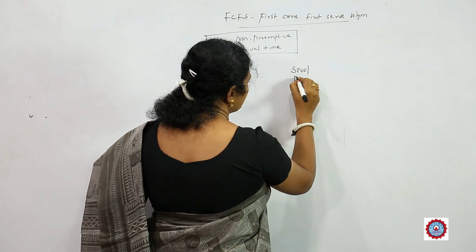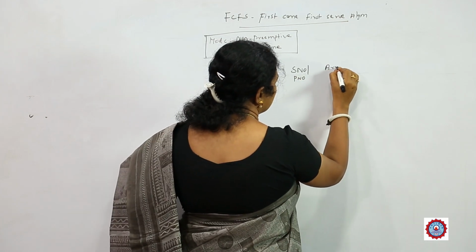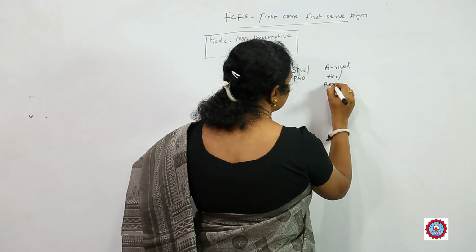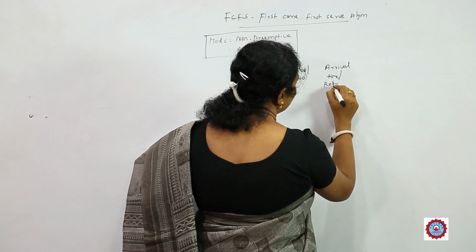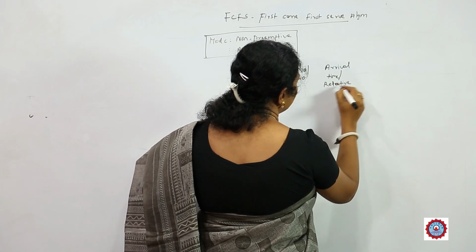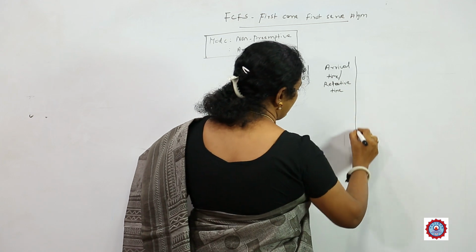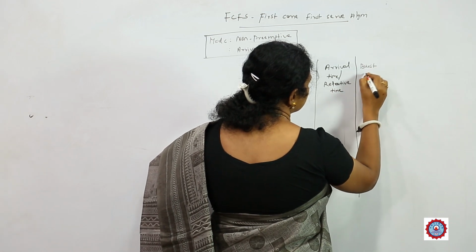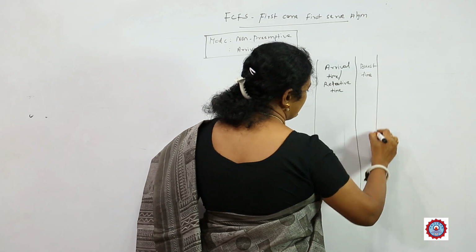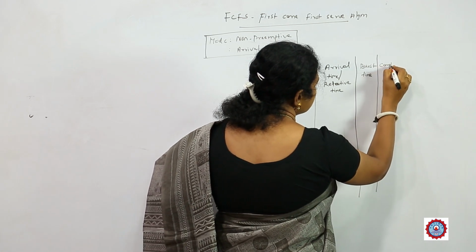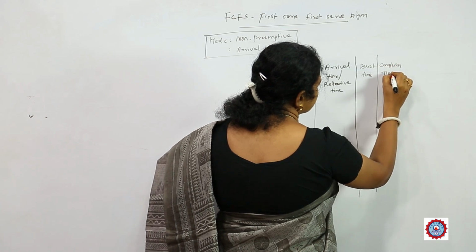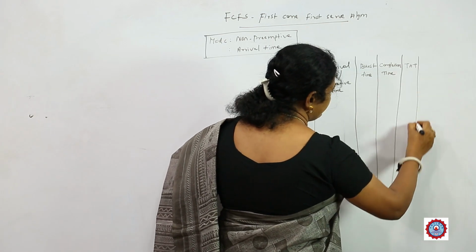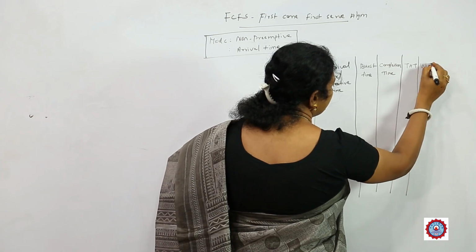The columns are the serial number or the process number, arrival time or relative time, burst time, completion time, turnaround time, and waiting time.